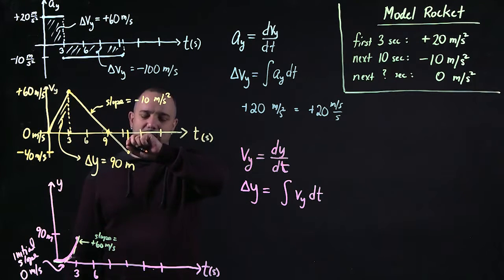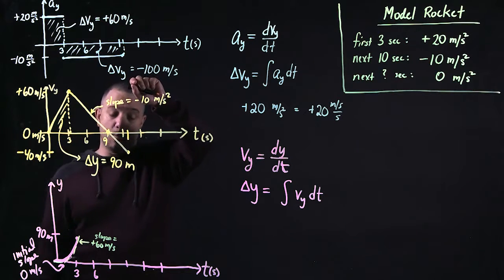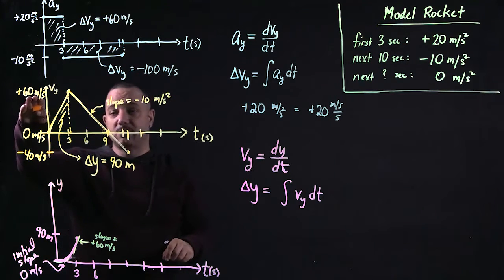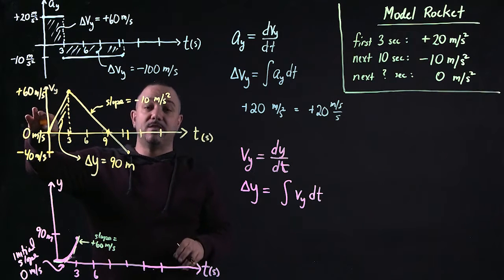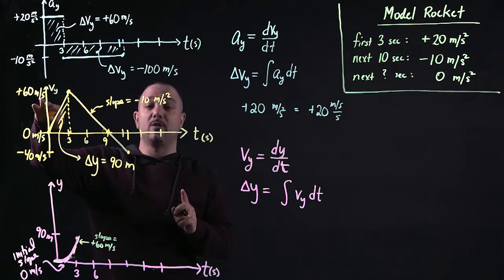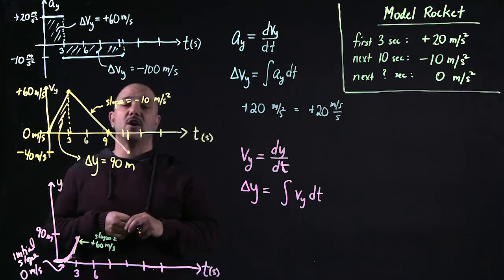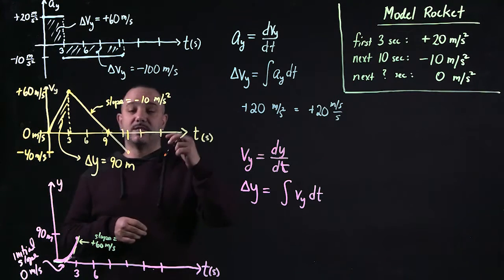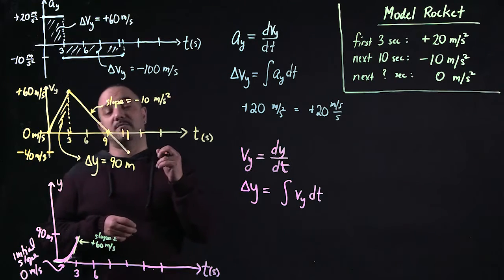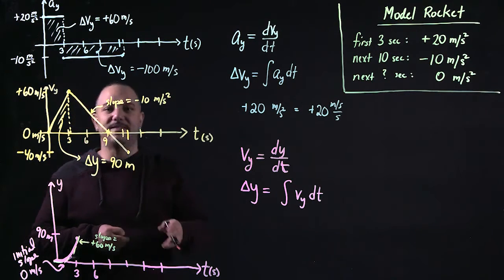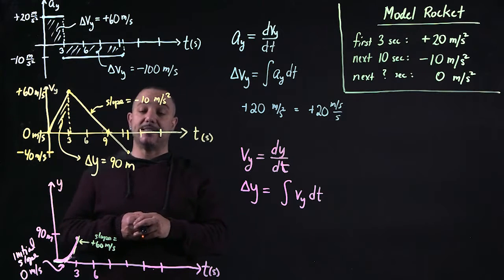So once the engine cuts out, your velocity is slowly becoming more negative. So you start at 60 meters per second upward. After another second, you're going 50 meters per second, still upwards, but slower. And so as time goes on, you go from 60 meters per second upward, 50 meters per second upward, 40 meters per second upward, and every second that velocity goes down by 10.